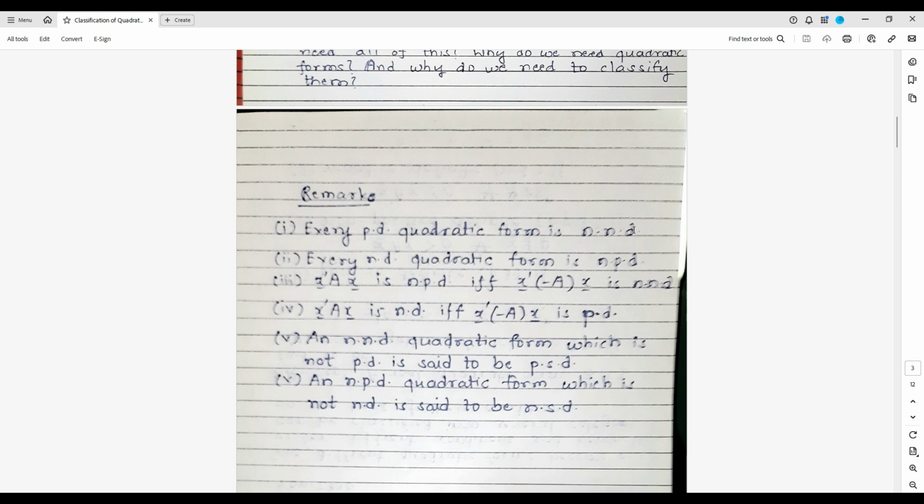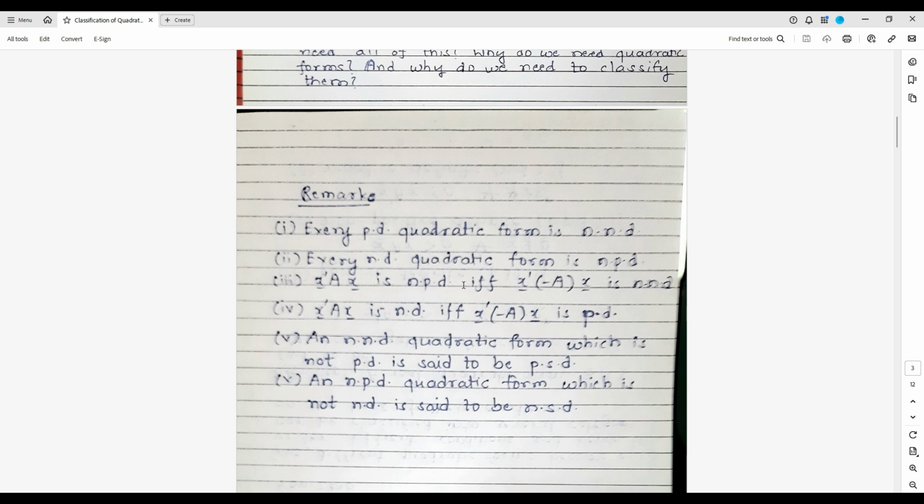In the similar manner, we can say that every negative definite quadratic form is also non-positive definite.